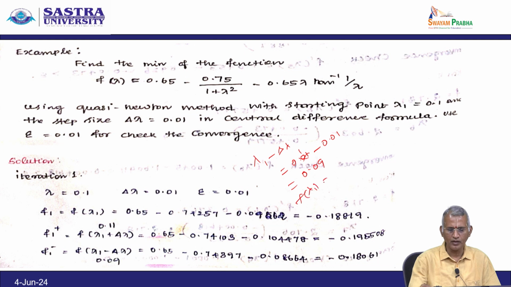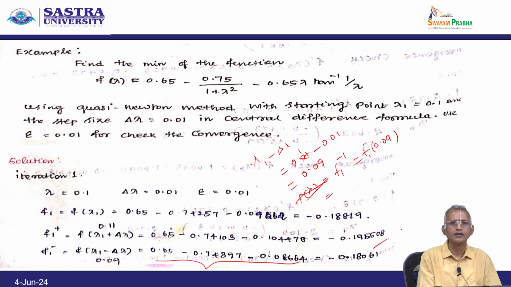Therefore, f1 minus equals f of 0.09, which is equal to: first one is 0.65, second one is 0.74397, third one is 0.08664, and subtracting them, we have minus 0.18061.